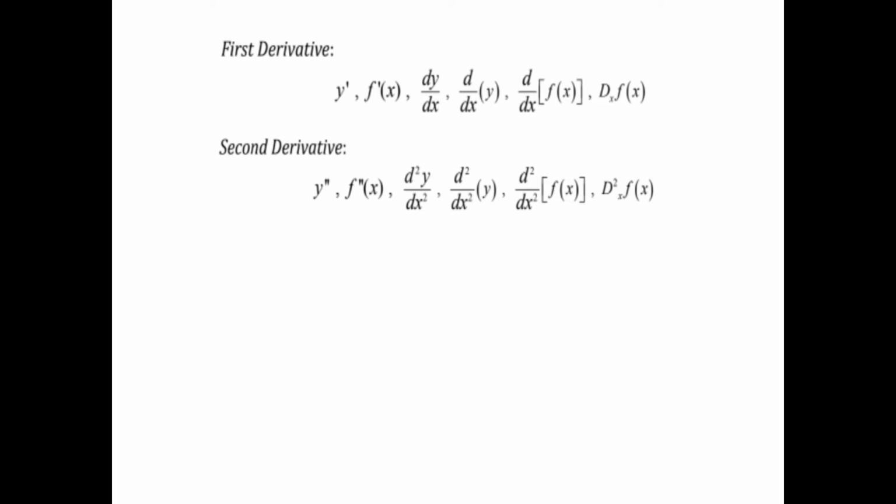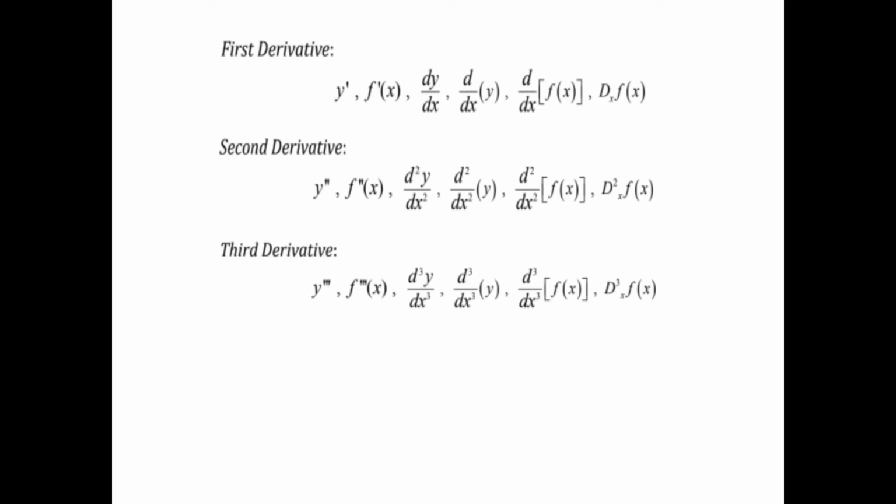There will be an exponent of 2 because, as I mentioned, you are looking for the second derivative. So d squared y over dx squared, or d squared over dx squared times y, or d squared over dx squared times f of x, or D squared sub x f of x.